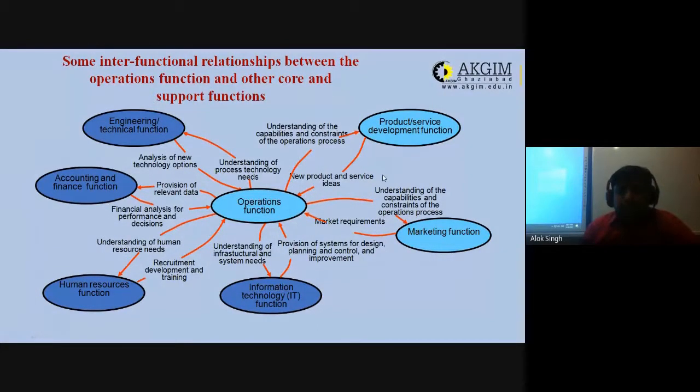If they are a separate wing, then they should know about the capability and constraint of operations process, means what their operations functions will be able to deliver, whether they can deliver the new product or service on a large scale or not. That you need to check, and after that you will provide the new product and service idea to operation function to produce it on a large scale.